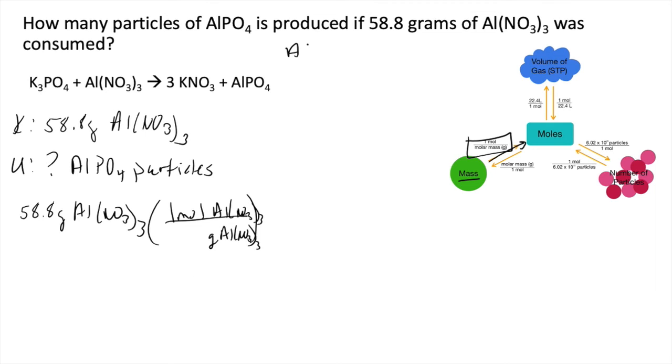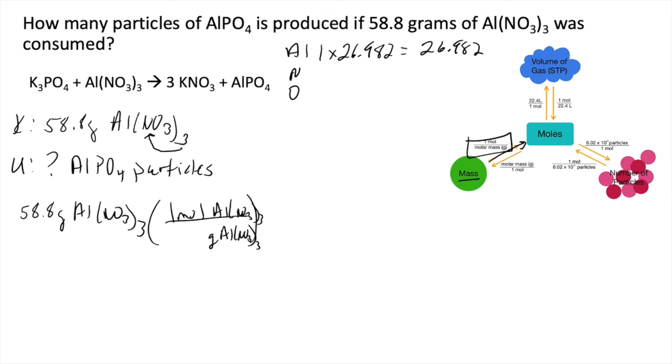I'm going to make a tally of each type of atom that I have in aluminum nitrate. I have 1 atom of aluminum, and looking at the periodic table, it has a mass of 26.982, which will give me a total mass of aluminum in aluminum nitrate of 26.982. For my nitrogen and oxygen, I am going to multiply each of these elements inside the parentheses by the number that is outside the parentheses.